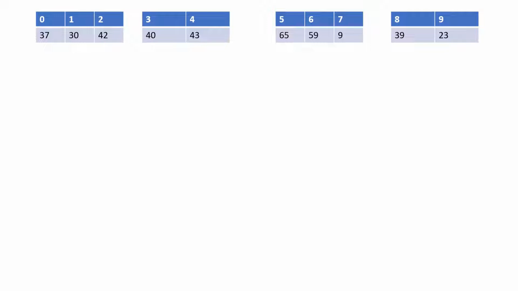In the first box, left is assigned with 0, right is assigned with 2. In the consecutive box, left is assigned with 3 and right is assigned with 4. In the next box, left is assigned with 5 and right is assigned with 7. And in the next box, left is assigned with 8 and right is assigned with 9.